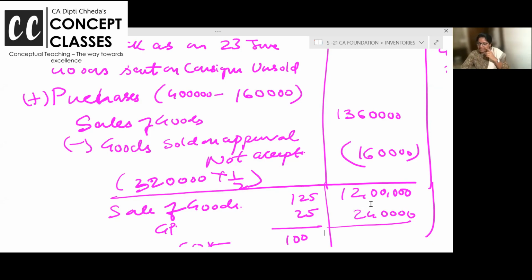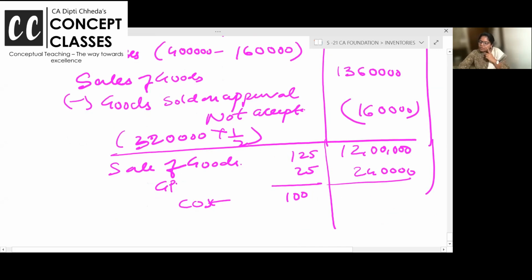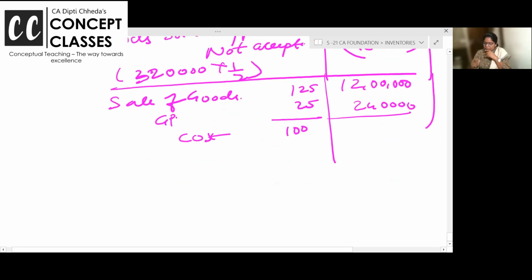Sales were 1360, and out of which half of the goods were returned. Goods are sold at cost plus 25%. However, goods costing 240 had been sold for 120. So again, that same. All the sales is not your normal sales, no? GP you have to minus in this sales.